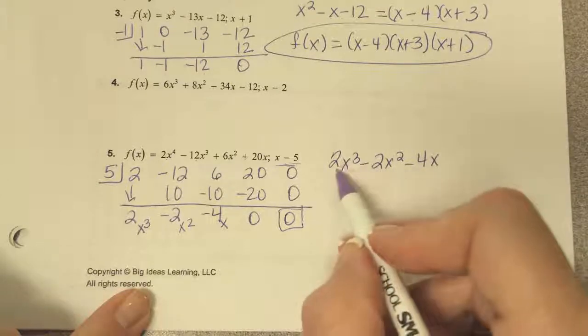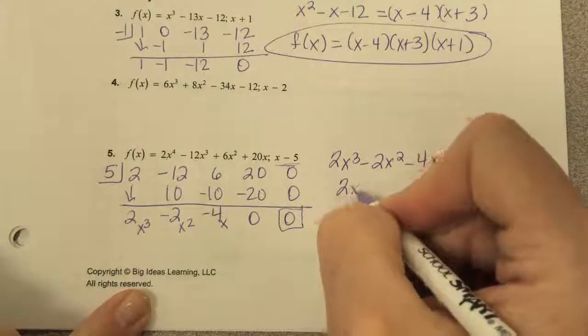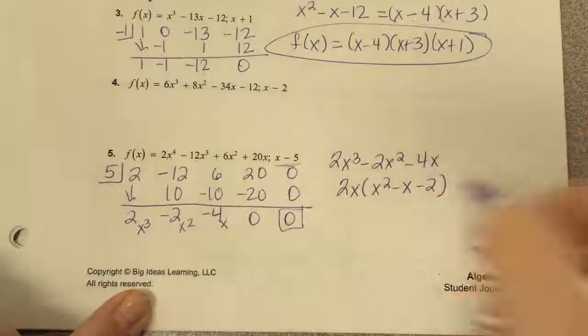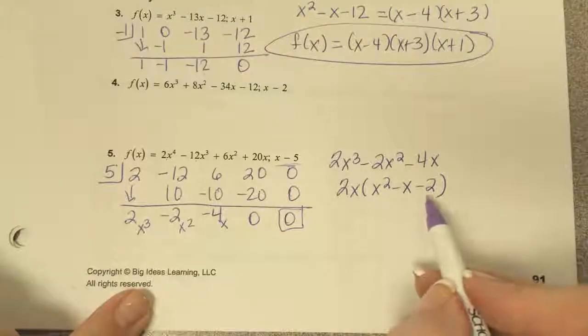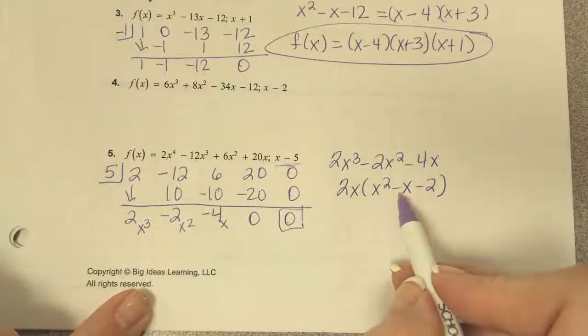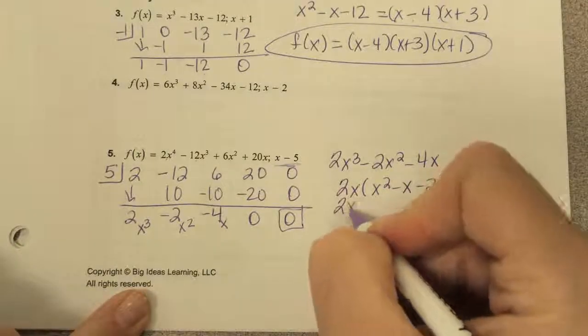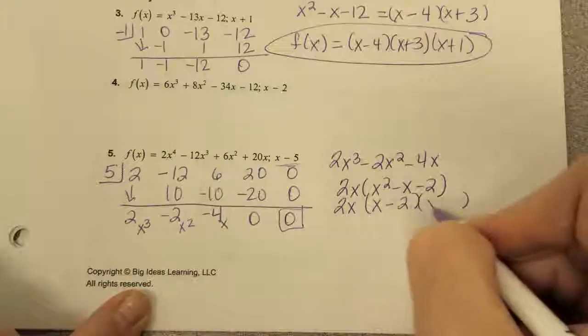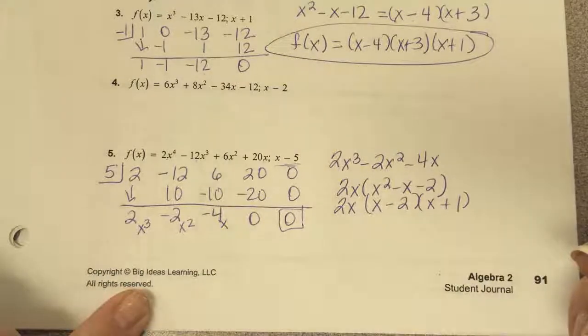What's the GCF? So I'm going to factor out a 2x, and I'm left with x squared minus x minus 2. Are there numbers that multiply to be 2 and subtract to be 1? So this is going to factor down into x minus 2 and x plus 1.